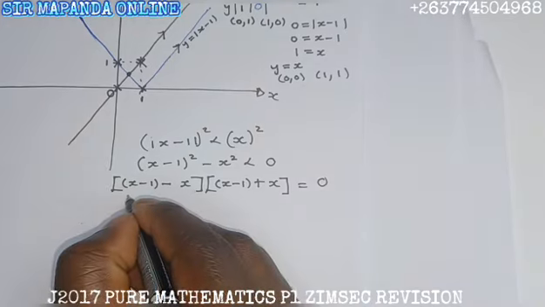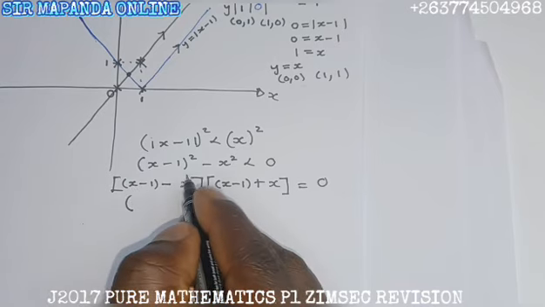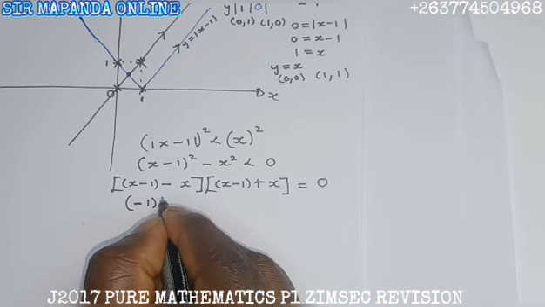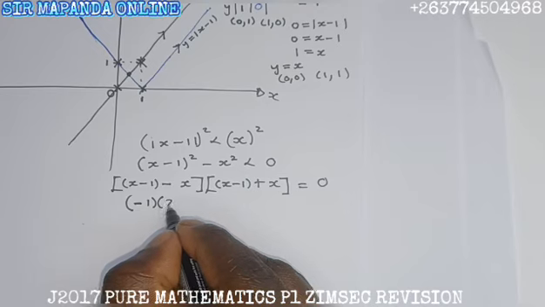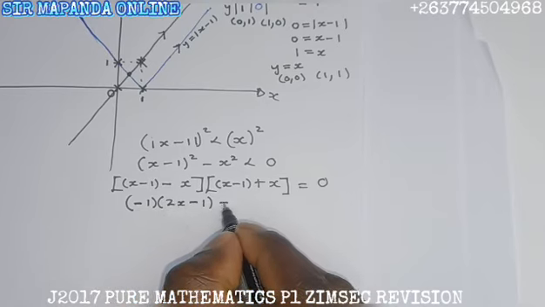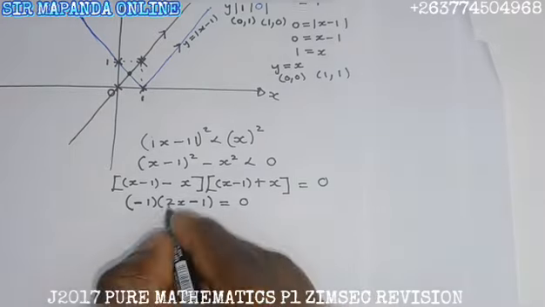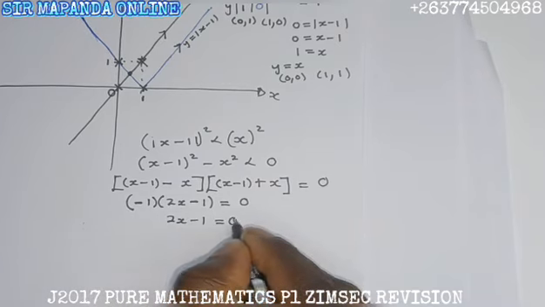So x minus x here, you get 0. So on the first bracket, you'll be left with minus 1. Then x plus x, you get 2x. So this is 2x minus 1. The second bracket is equal to 0. So to solve this equation, you start by dividing both sides by minus 1. You get 2x minus 1 equals 0.